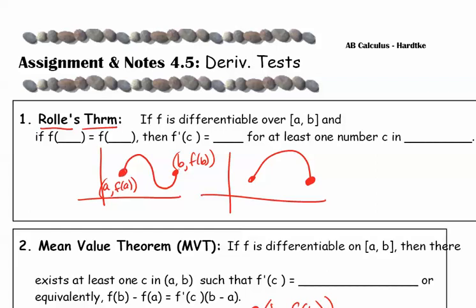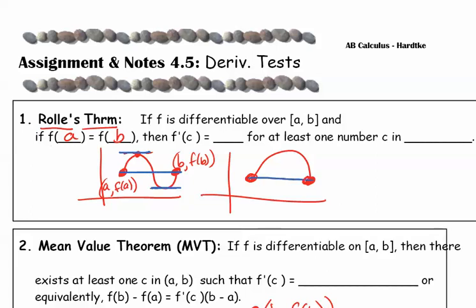And if we have a specific case where our function starts and ends at the same y coordinate, so f of a, one endpoint y coordinate, is equal to f of b, then there has to be some place C where we will come up with a tangent that is parallel to the secant. The secant between the endpoints is horizontal, so the tangent line would have to be horizontal.